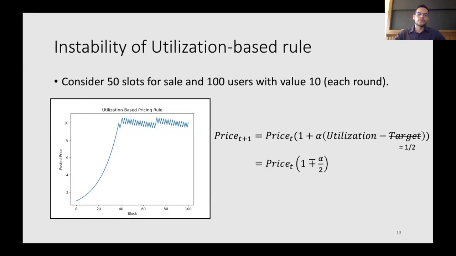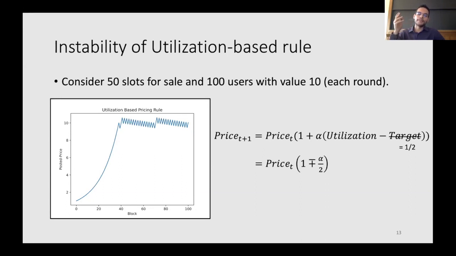So what can go wrong with this approach? Consider this example where we have 50 slots for sale and we have 100 users. All of these users have a value of 10, so they're going to report a budget of 10 in every round. What happens in this instance, where buyers have very concentrated values, is that the realization of every block is either going to be 1 or 0.